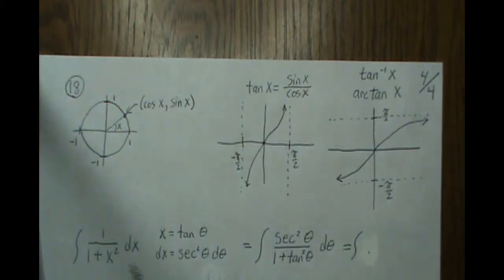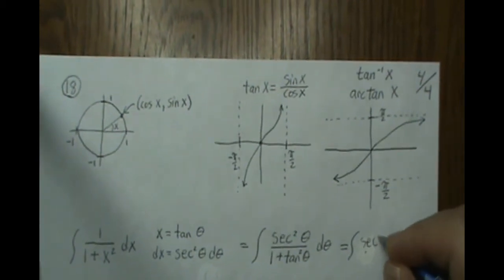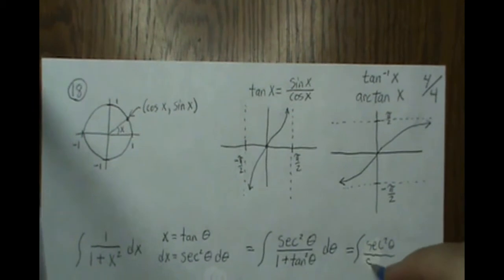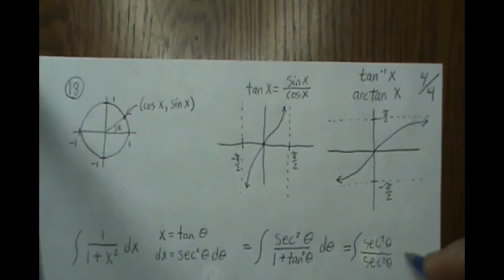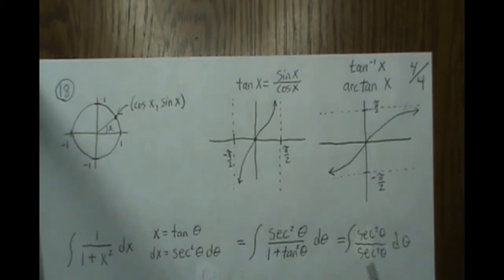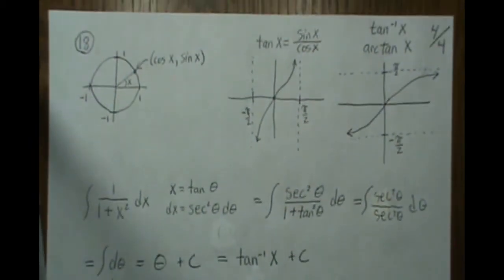So now we plug in the value. That's this tangent, but the derivative of x is this, so that's this. And then you can show that 1 plus the tangent squared is just the secant squared. Then that cancels to 1, so you're left with this.